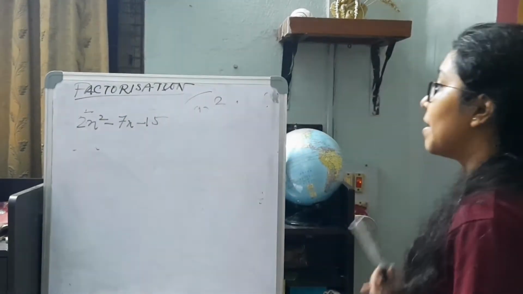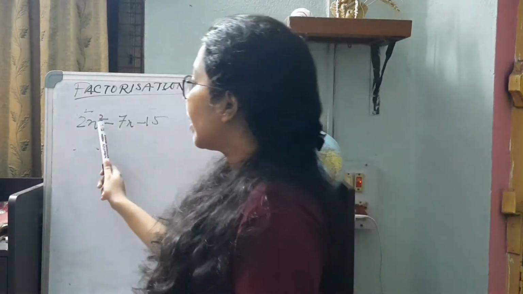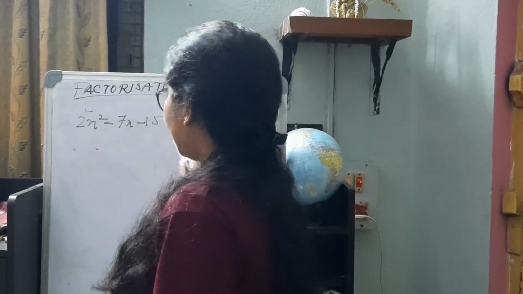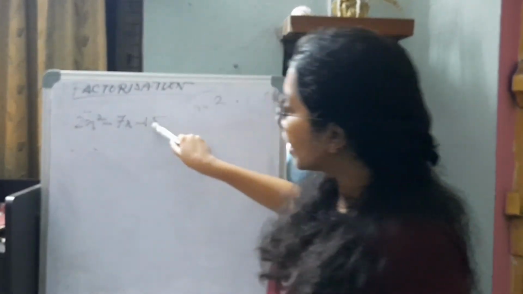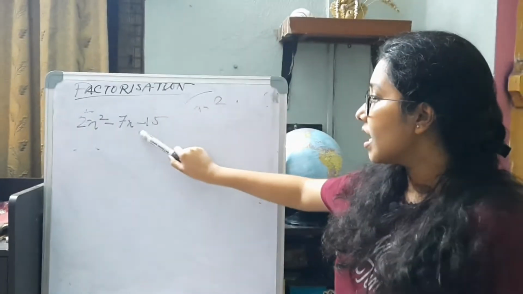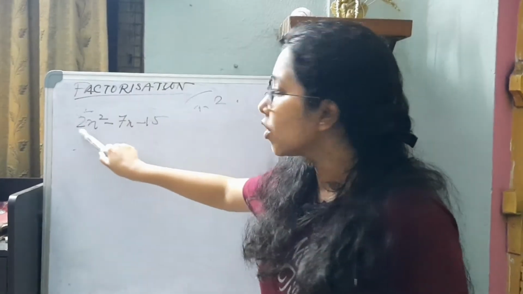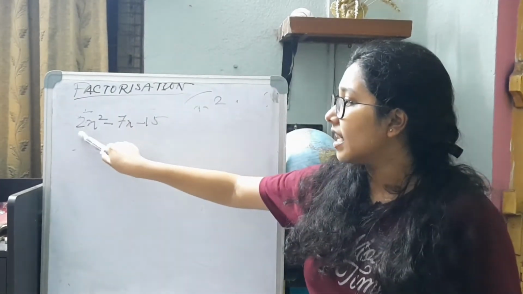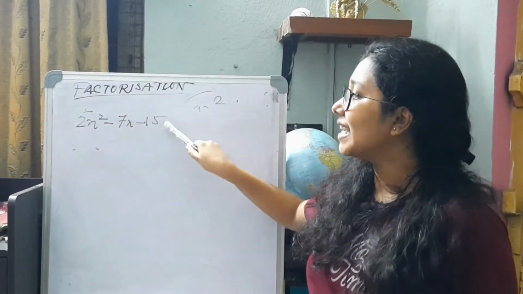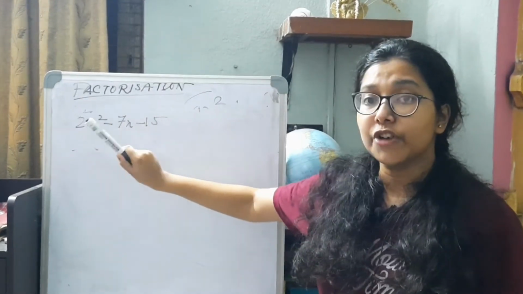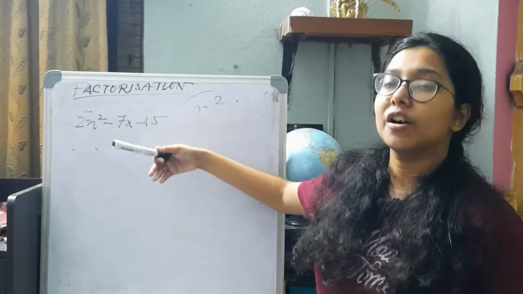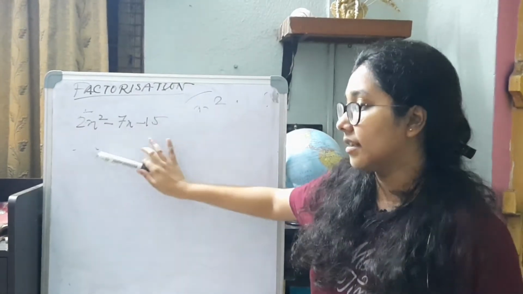Now always remember one thing, that the coefficient of x square will also be taken care of. That is, when I am taking this numerical part, this part is this one into the coefficient of x square, so this value becomes minus 30, taking the coefficient of the higher power value into consideration.